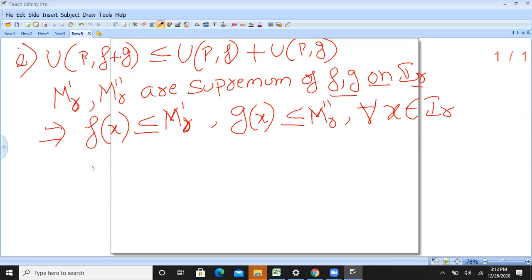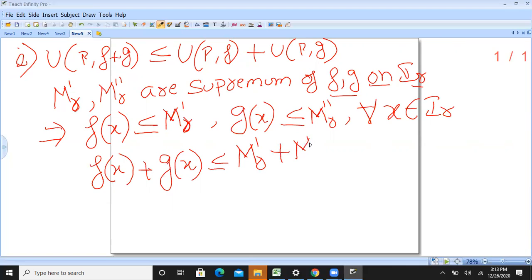So if we add the terms, f of x plus g of x is less than or equal to m r dash plus m r double dash, for all x belonging to IR. Therefore we can say that we remove the x common from both sides.